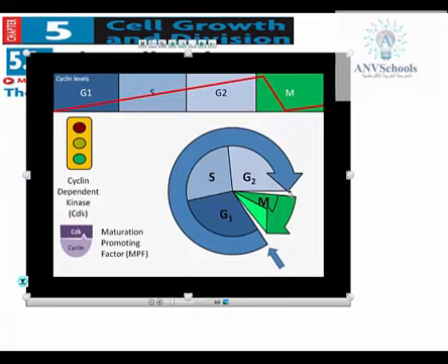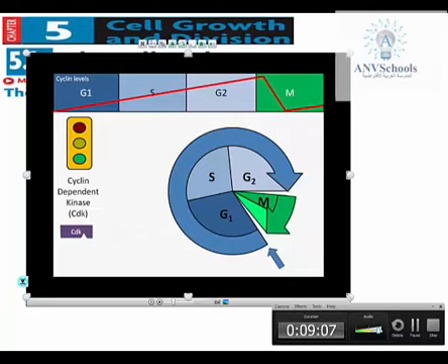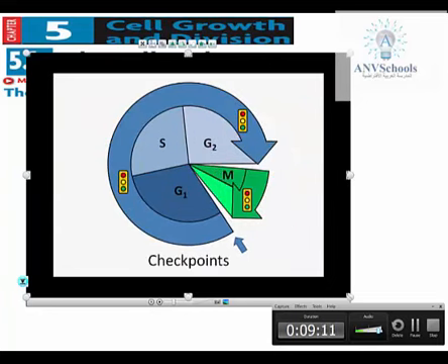Or if the DNA had some defect, then it's better for it to be checked so that the cell doesn't enter into cell division. So this is what we mean by controlling the cycle or having checkpoints. These checkpoints ensure that the cell goes through the right cell division procedure and that it has all the required materials.